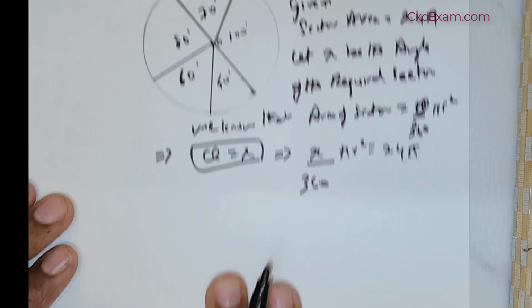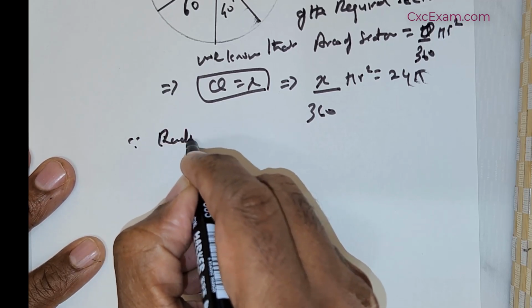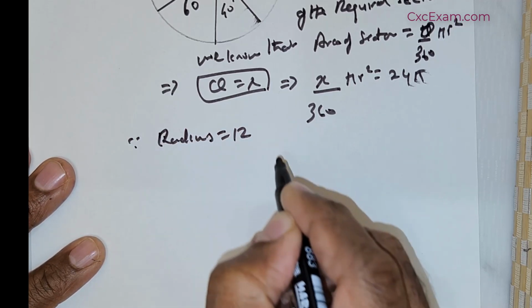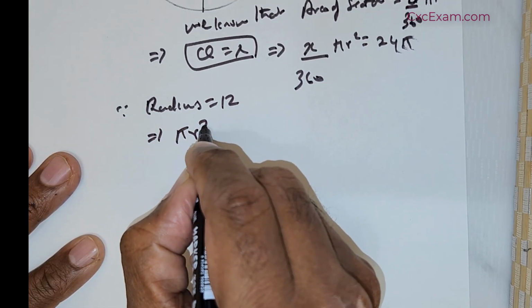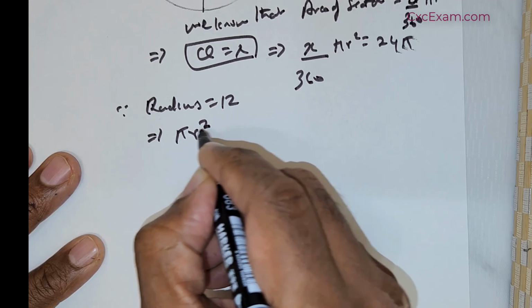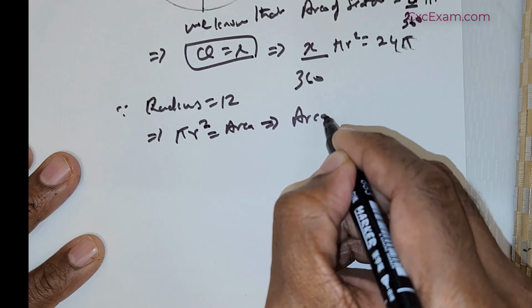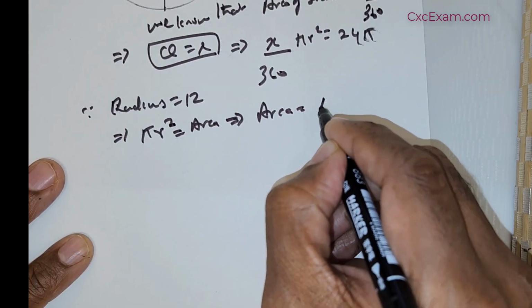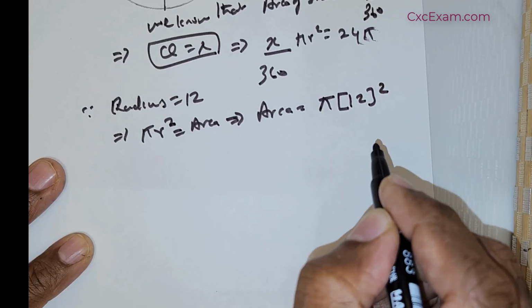The radius of the circle is 12 units. Since the radius is equal to 12 units, pi times r squared is going to be the area, which can be calculated. So the area is equal to pi times 12 squared.